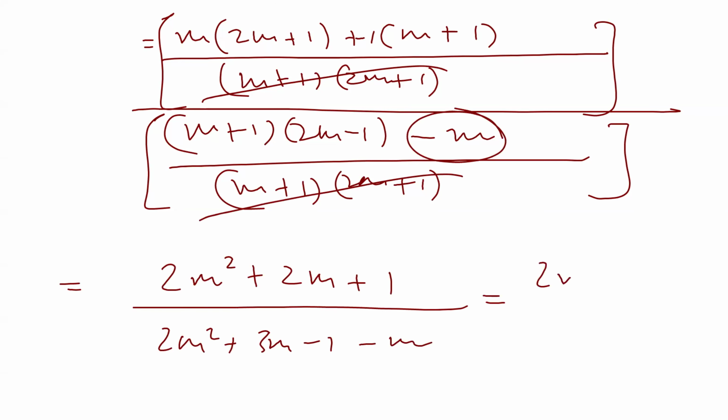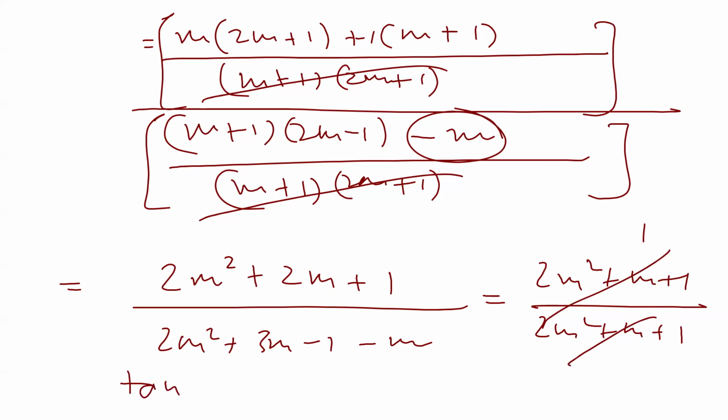So this is equal to 2m square plus m plus 1 upon 2m square plus m plus 1. So tan theta is equal to 1. Therefore, theta is equal to 45 degrees. If your teacher is asking you to convert it into radians, multiply by pi by 180. So this is what the answer is.